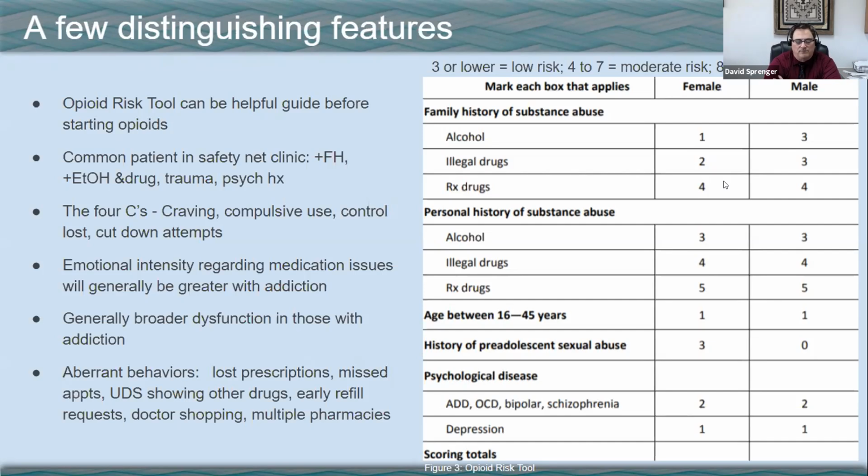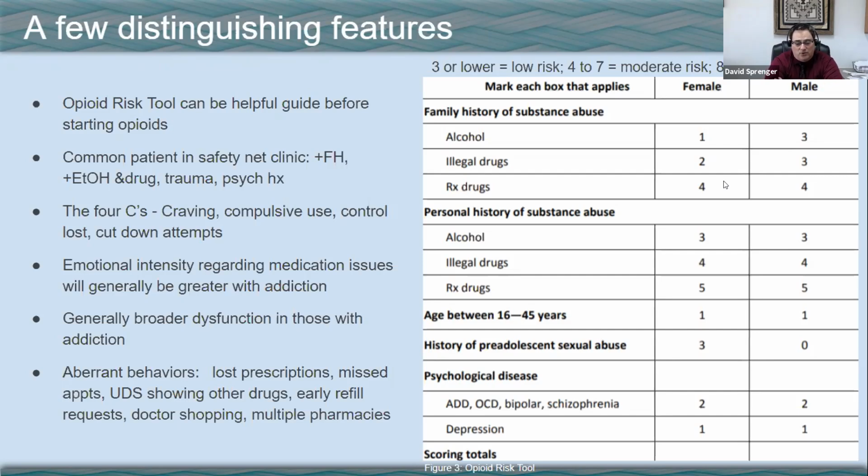Trauma is rampant in our communities, and or a history of depression or anxiety. It's just so common, and that constellation really puts people at high risk for abusing opioids.